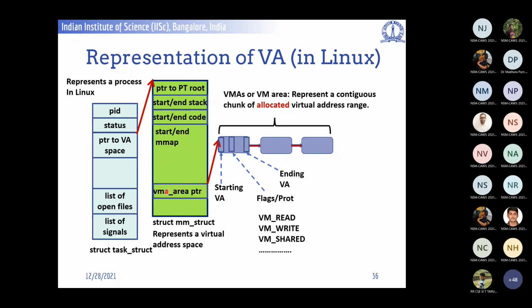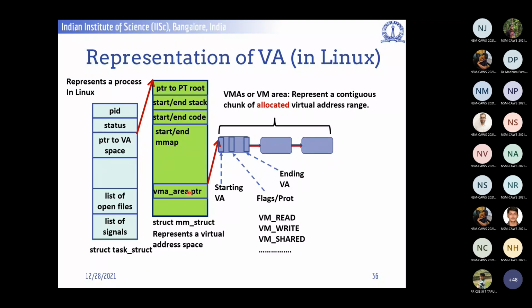But the more interesting part that we want to focus on is what's called the VMA area pointer. This points to a linked list, and each node of the linked list represents a contiguous region of virtual address space that is currently allocated. Remember, for each process there is a virtual address space, and only portions of it are allocated.